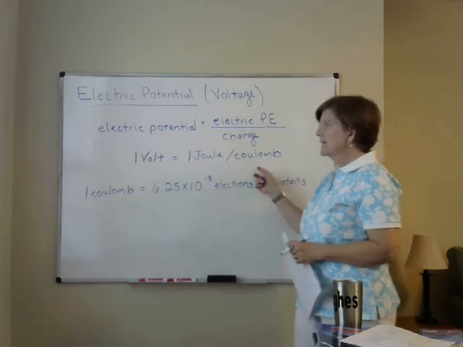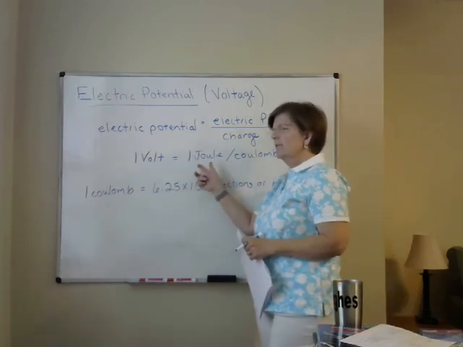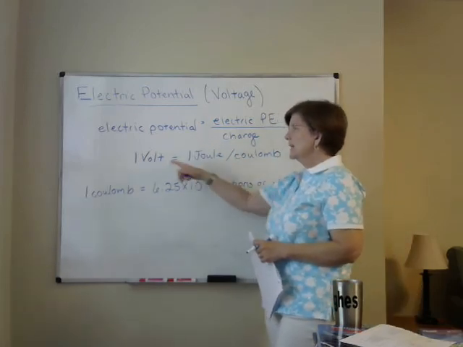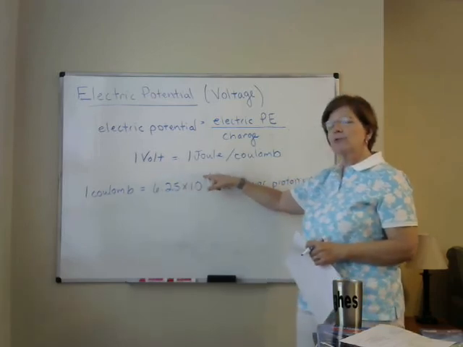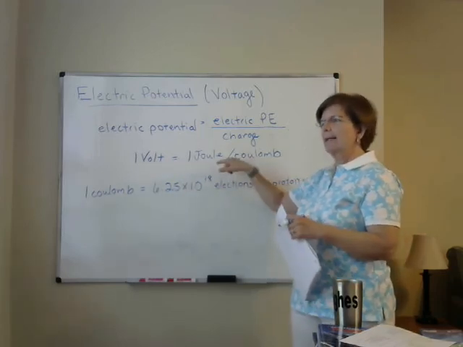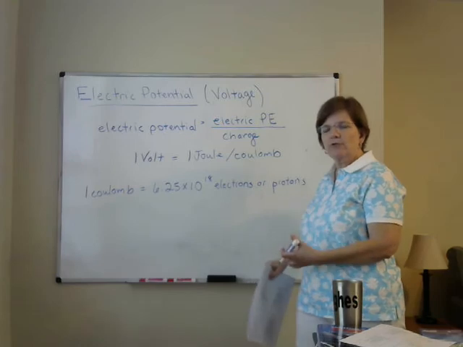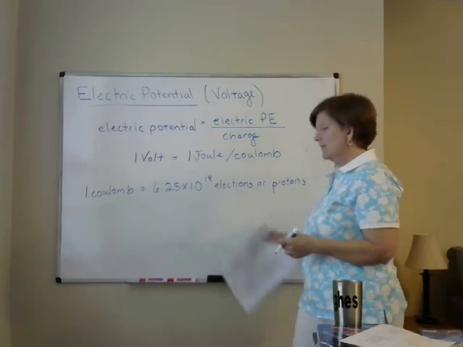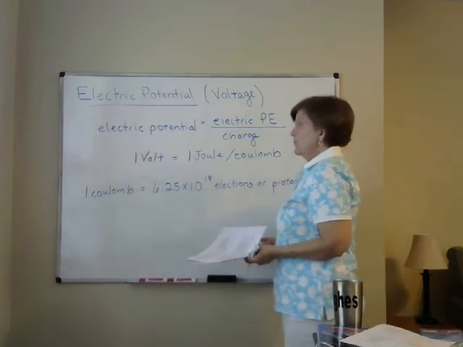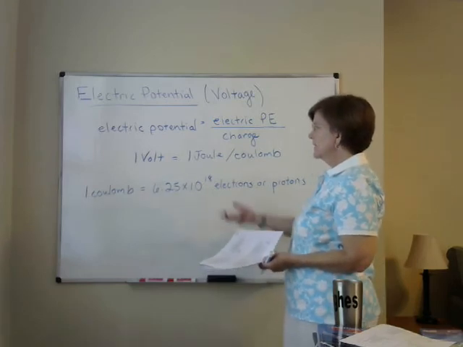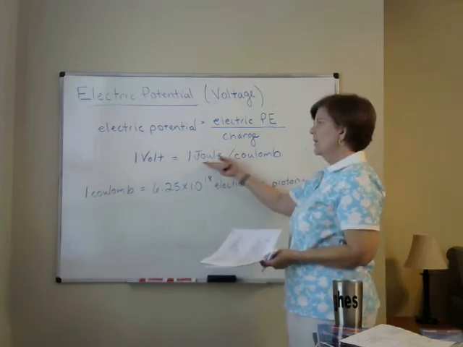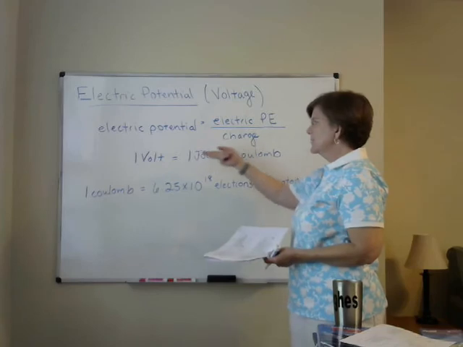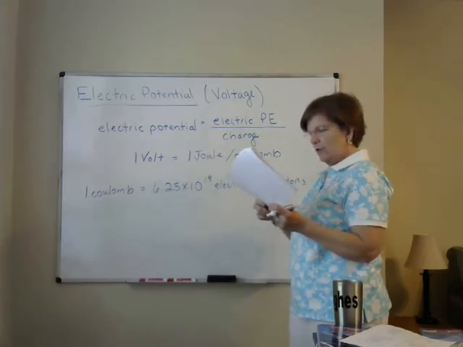How does the battery give 9 joules to every coulomb? Well, a 9-volt battery does 9 joules of work on the charge and gives it 9 joules of potential energy for each coulomb that flows through. If you have a 12-volt battery, it does 12 joules of work on each coulomb, and it gives it 12 joules of potential energy.